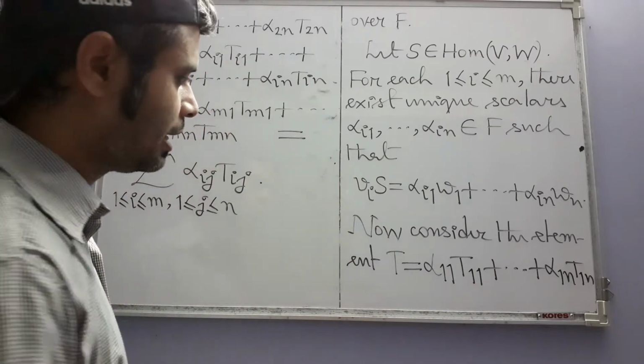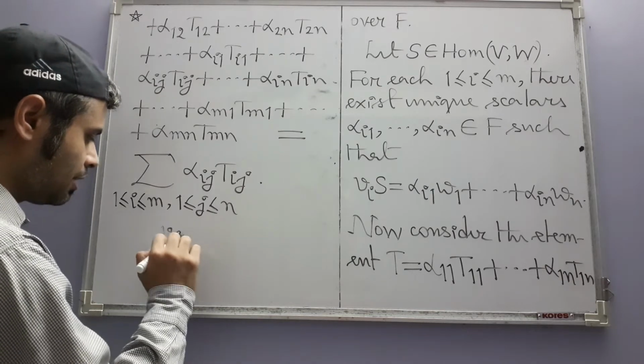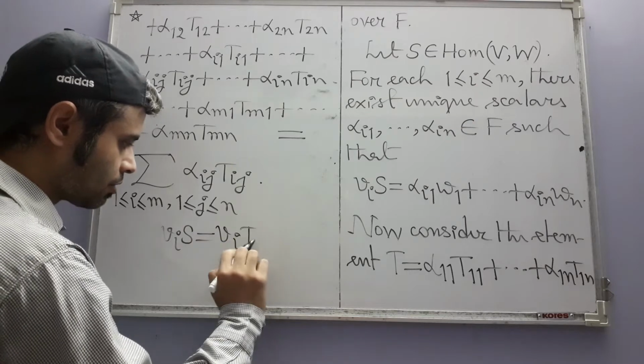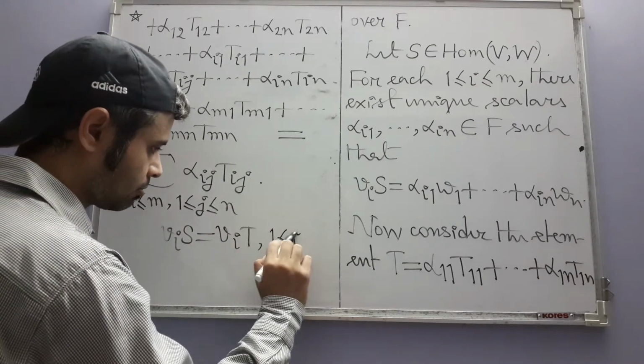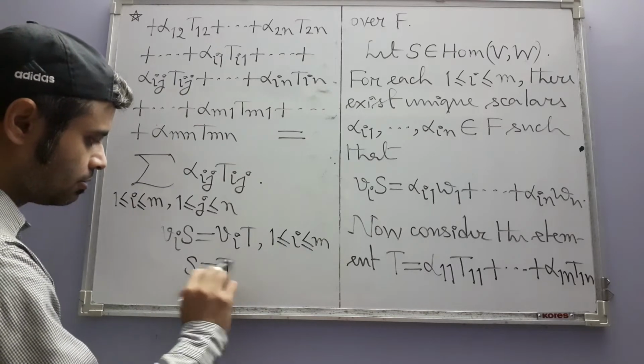Do you see why? What I am saying here is that if I manage to show that viS is equal to viT for all i, then that automatically implies S is equal to T.